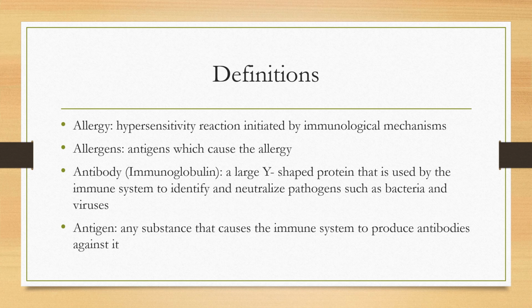Then antibodies. Antibodies are large Y-shaped proteins that are used by the immune system to identify and neutralize pathogens such as bacteria and viruses. And we know this, right, because the immune system is what we use to fight off infections, right?